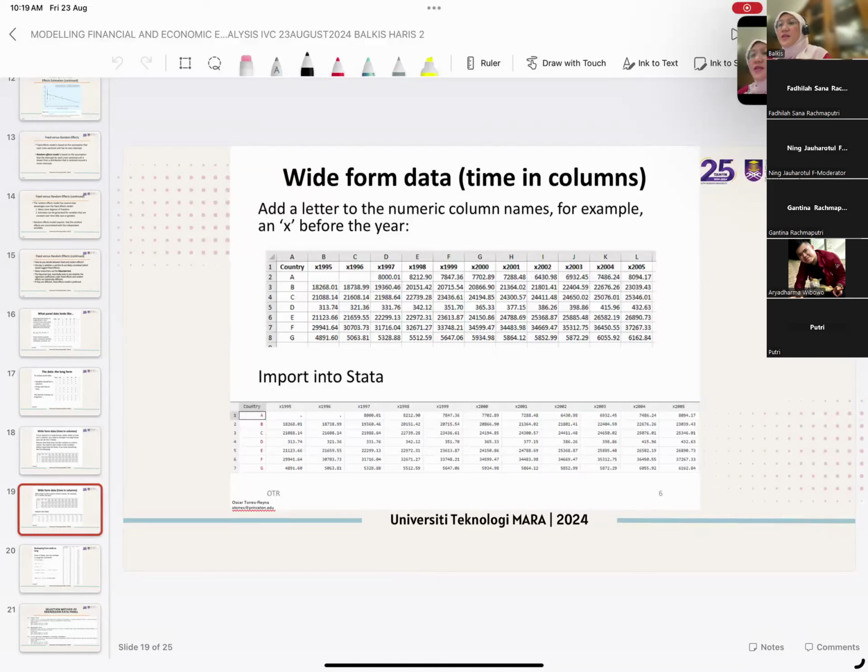From the wide form data, we have to convert into the long form data. So the first table is the wide form, and then we convert it into the long form using Stata. To analyze the panel data, we can use several software, not necessarily Stata. We can use Stata, SAS, Python, R, or eViews.